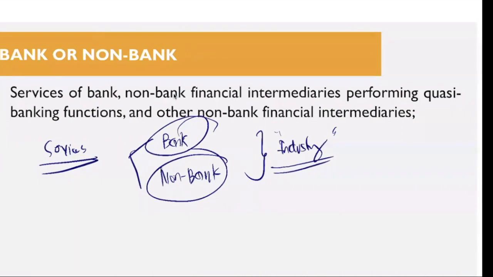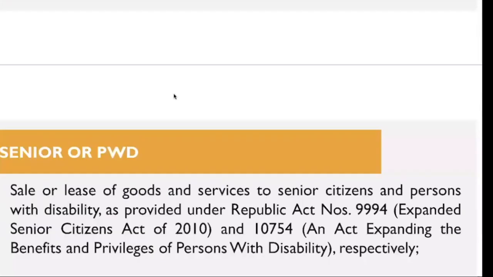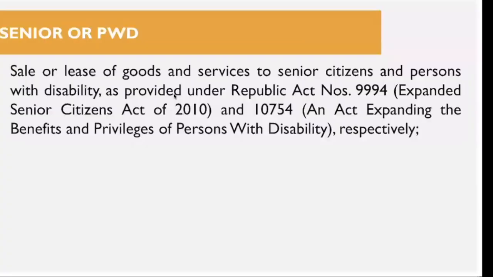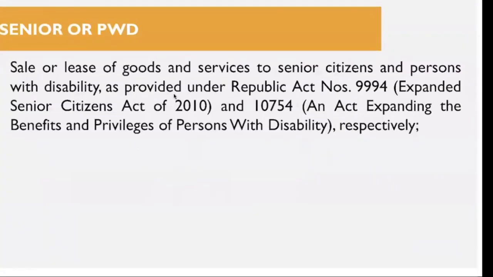A while back, what we discussed were exemptions based on a particular transaction. But here, what is exempted? The whole industry. So the services of that industry, the bank industry or non-bank industry, are considered exempt. Okay? Next, senior or PWD. Sale or lease of goods and services to senior citizens and persons with disability are exempt from business tax.